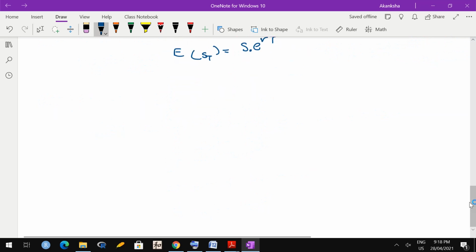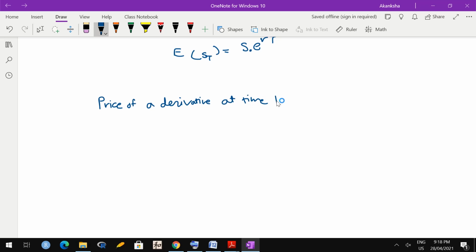The price of any derivative is calculated by first computing the expected payoff from that derivative. So the price of a derivative at time t becomes the expected payoff from that derivative at time t.